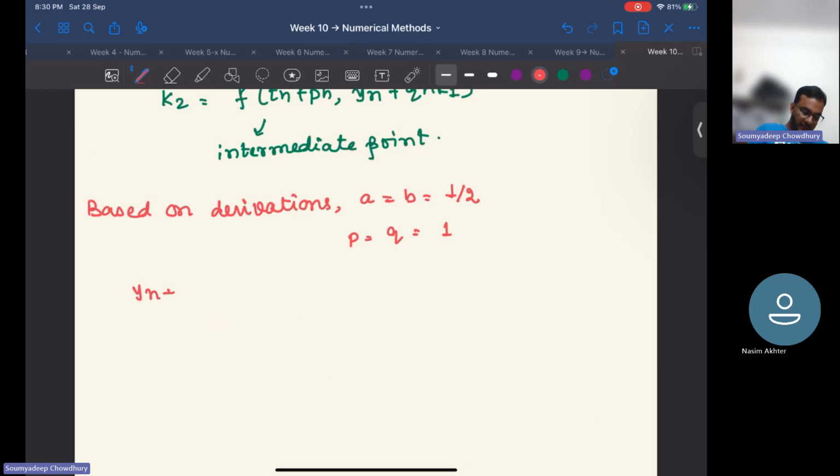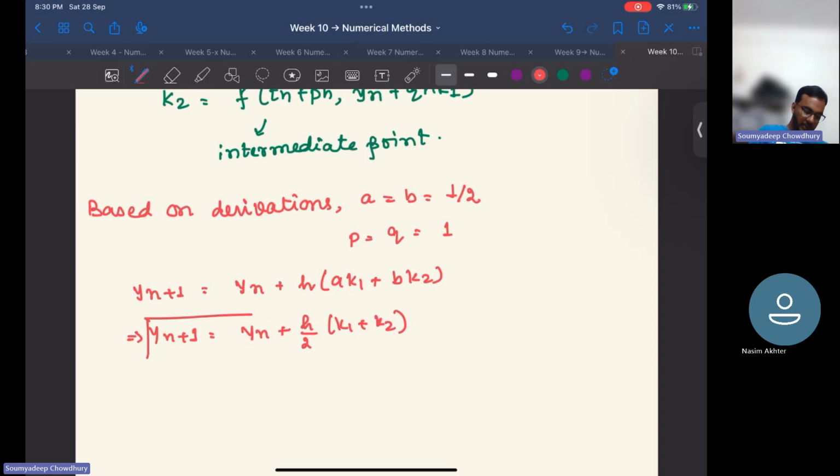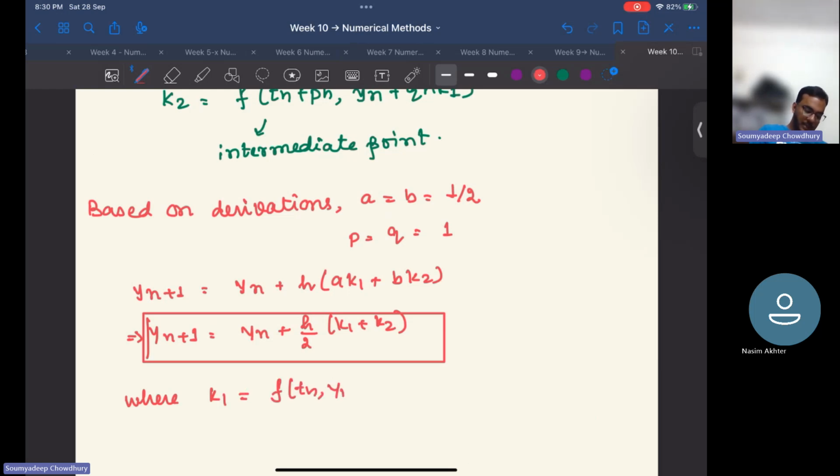So if we substitute this, what was my Yn plus 1? Yn plus 1 was equal to Yn plus H into AK1 plus BK2. With A and B being half, it is Yn plus H by 2 into K1 plus K2, which is the iterative equation, where K1 equals the slope at Tn, Yn and K2 equals the slope at the intermediate point: Tn plus PH, P is 1, so Tn plus H, and Yn plus QH K1, so Yn plus HK1.